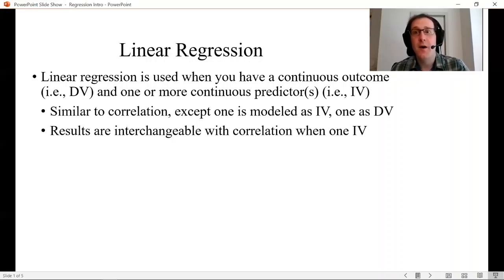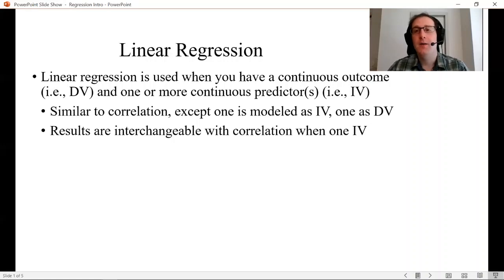Rather than getting an R, you'll get a B, but you can actually convert that into an R just by standardizing it. So if it's just one variable for an independent variable, one variable for a dependent variable, there's not really that much of a practical difference in terms of what that information is going to tell you.